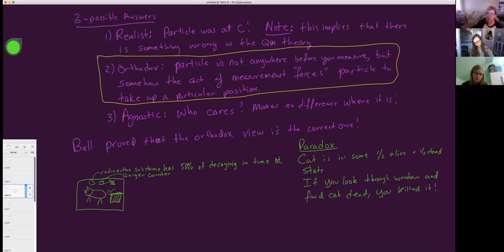This argument was made to show how ridiculous the orthodox view was. But now we know that the orthodox view is true, and the setup of this paradox is a little wrong.